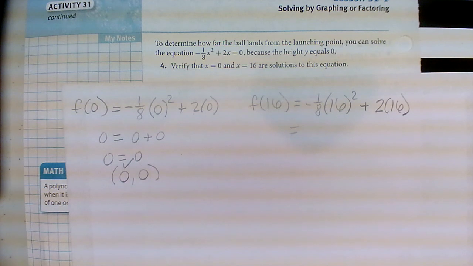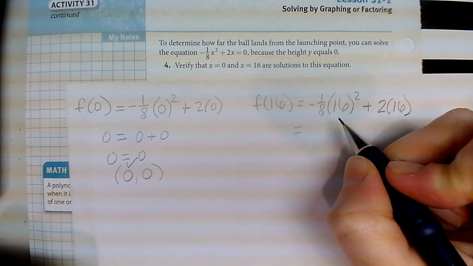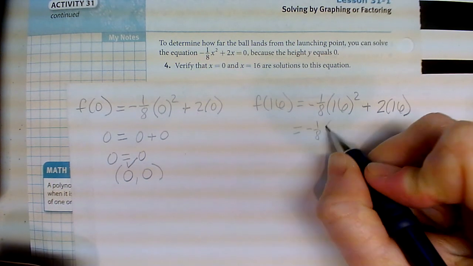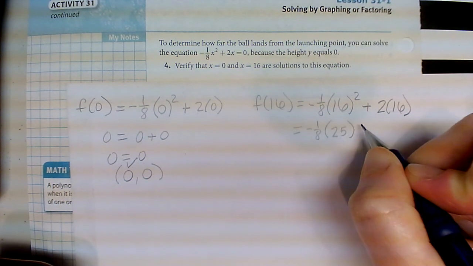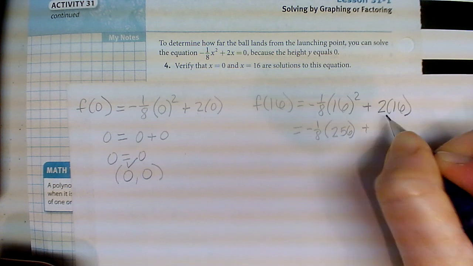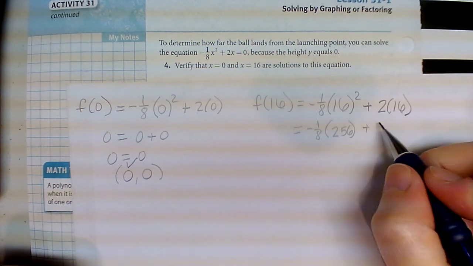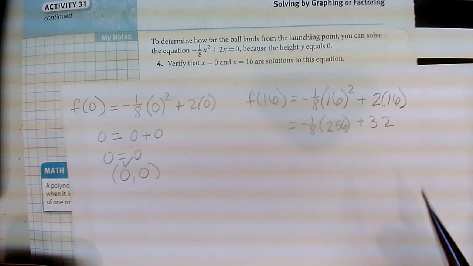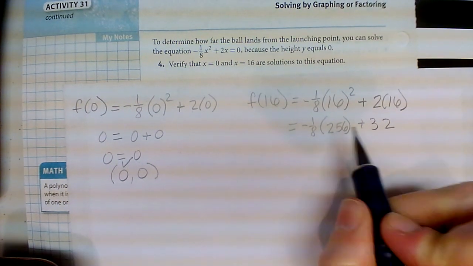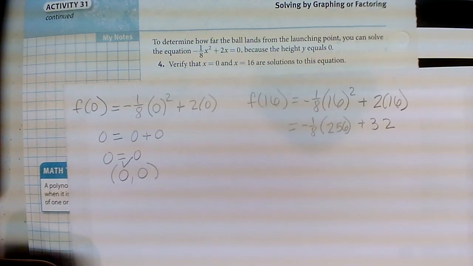Hang on. 16 times 16 is 256. And then plus, I'm going to go ahead and multiply 2 times 16 as well, which gives us 32. So now I need to multiply -1/8 times 256.